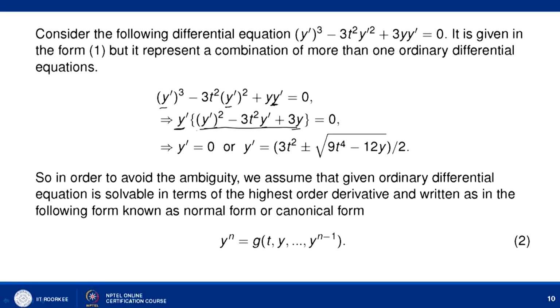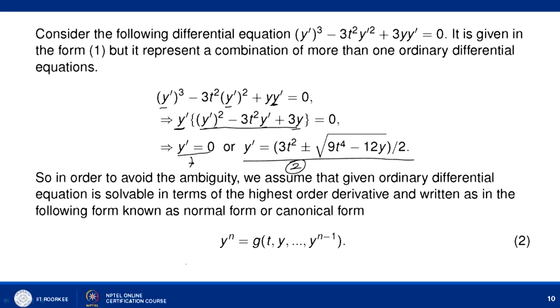So we can solve using the theory of quadratic equations, and we can write this as y' = 0 or y' = (3t^2 ± sqrt(9t^4 - 12y))/2. So this represents one differential equation, and this is basically two differential equations. So this is not only one differential equation, but it gives you the possibility of three differential equations.